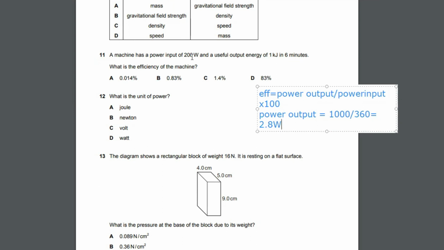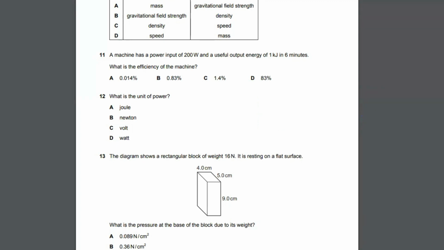So now I have the input power and the output power. I will use the efficiency equation to find the efficiency. So it will be, output was 2.8 divided by 200, which comes out to be 0.014.